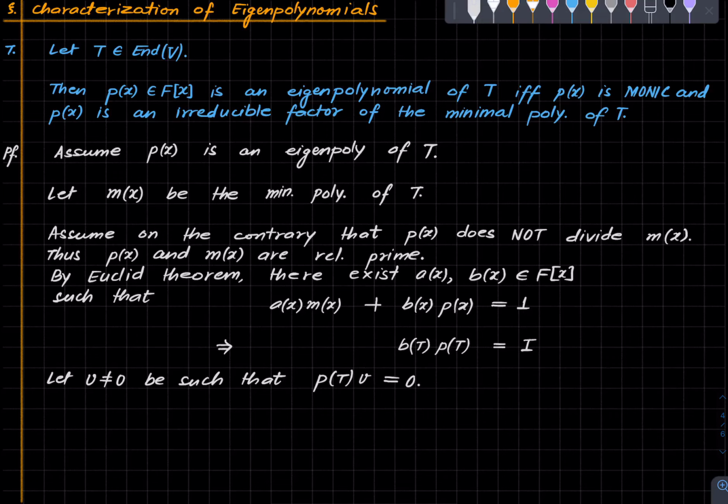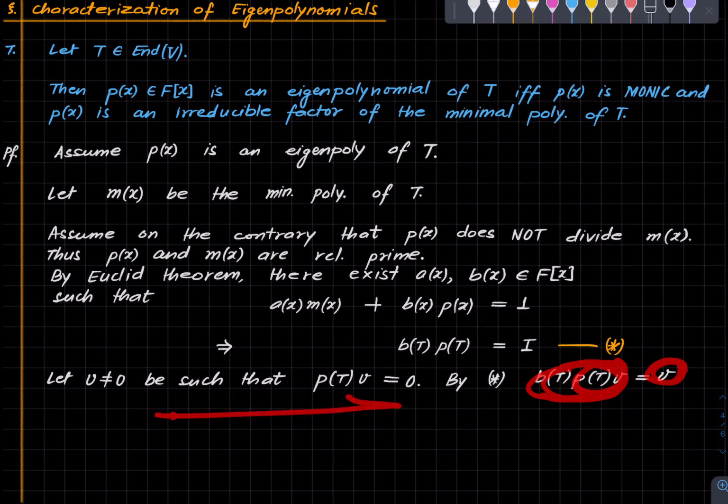So with that, and if we call this star, what we get is, right, we just operate this on v and that on v, and those two things must be equal. But this is 0, and hence this is 0, but that means this is 0, and that's a contradiction to the fact that v is non-zero.